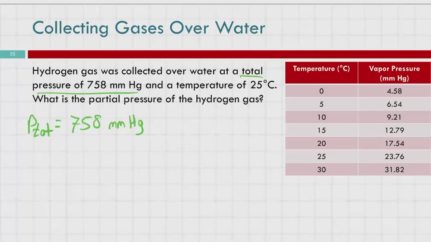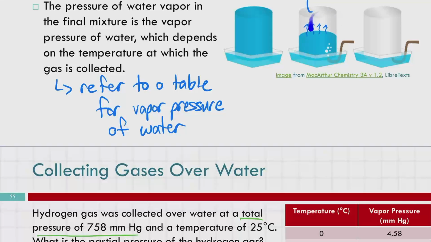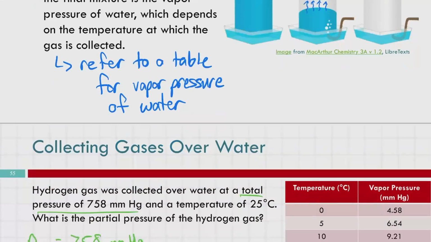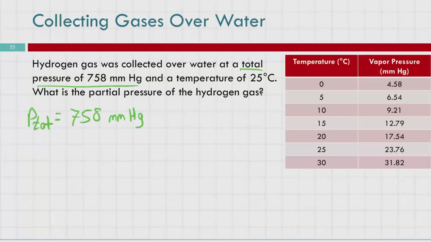That total pressure is just whatever the atmospheric pressure is, because the pressure inside of our upside down beaker is only going to push water out to the extent that it's balancing with the pressure outside. So the pressure inside our container is going to equal the pressure outside of our container. Since it's not sealed or anything, the water can move out. And then our temperature is 25 degrees Celsius. And we want to know what's the partial pressure of the hydrogen gas.